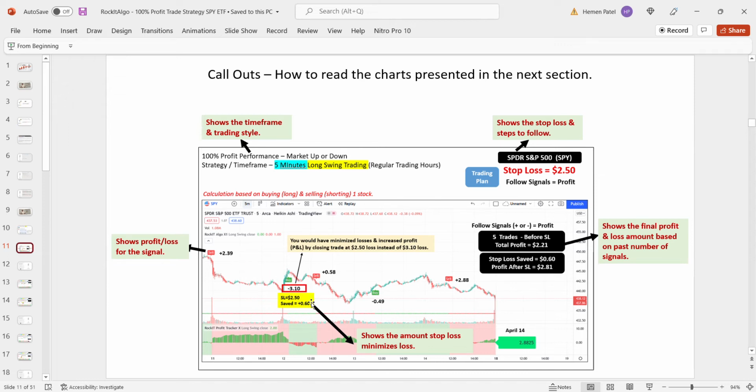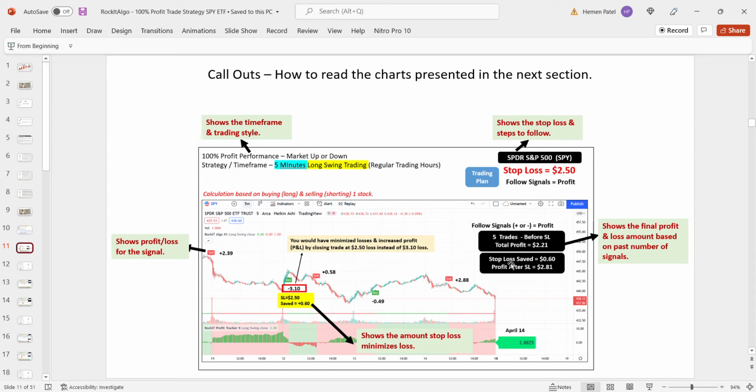Now, if there is a yellow highlighted box, that means we have stopped out of the trade at a loss. We have stopped the trade at our stop loss limit, thus increasing the profit and loss by the difference between the stop loss and the actual negative value that it created between the two indicators.